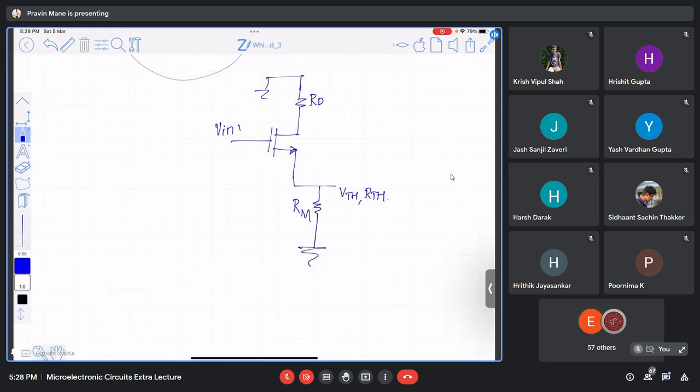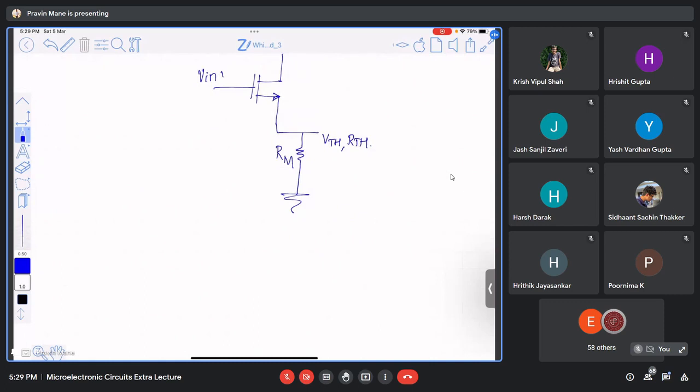Which configuration is this? Common source. What is the resistance connected at the output terminal? RO I am neglecting. The resistance connected at the output terminal is Rm, right?